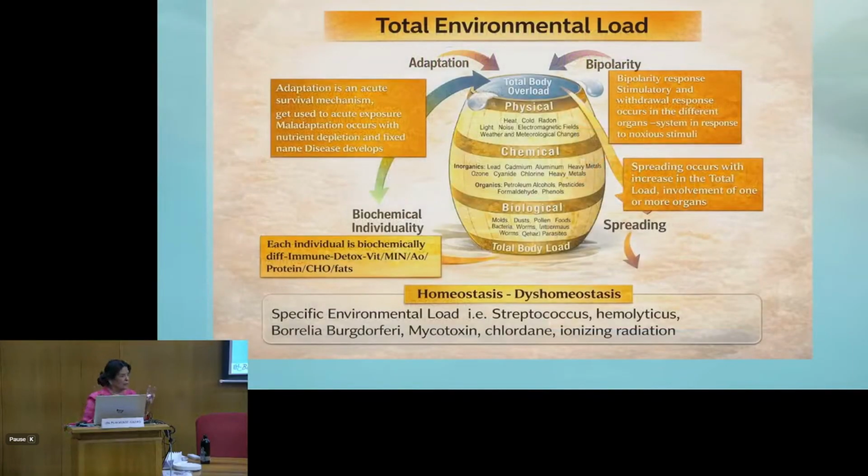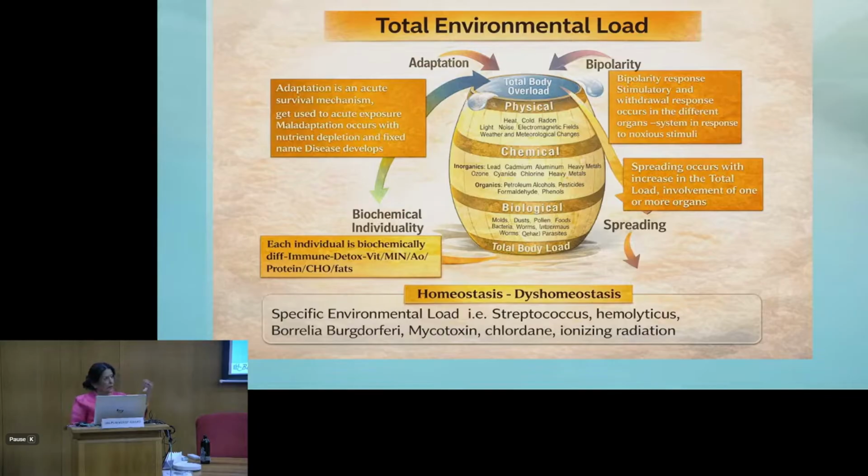Okay, so in summary, what I described is that the size of the barrel determines who is going to be sick. Now, when there is an increased amount of total environmental pollutant, one may adapt. One may have a bipolar response, immediately may have a stimulatory response, and later on may have a depressive response, which Dr. Pilar described yesterday very well with the alcoholics, who feel good initially and feel great, and then keep on drinking, and then they are nowhere to be found.